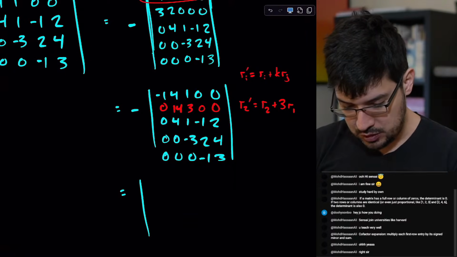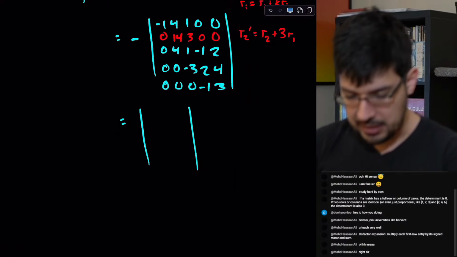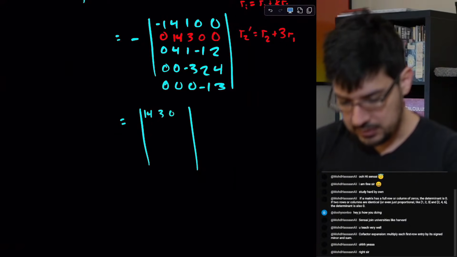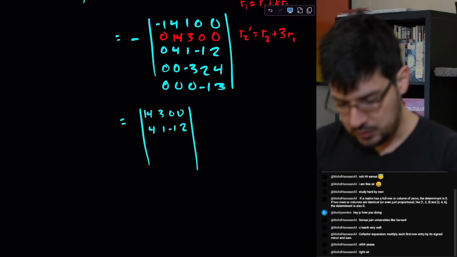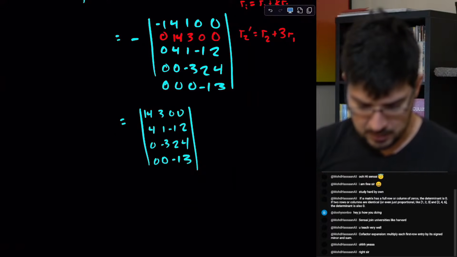Well, this is just the 4x4 determinant of 1, 4, 3, 0, 0, 4, 1, negative 1, 2, 0, negative 3, 2, 4, 0, 0, negative 1, 3.